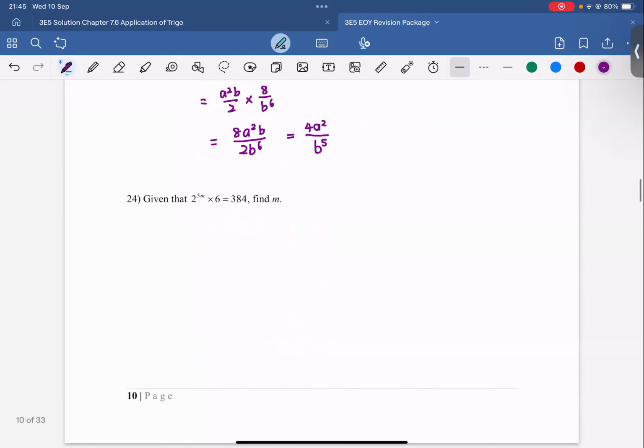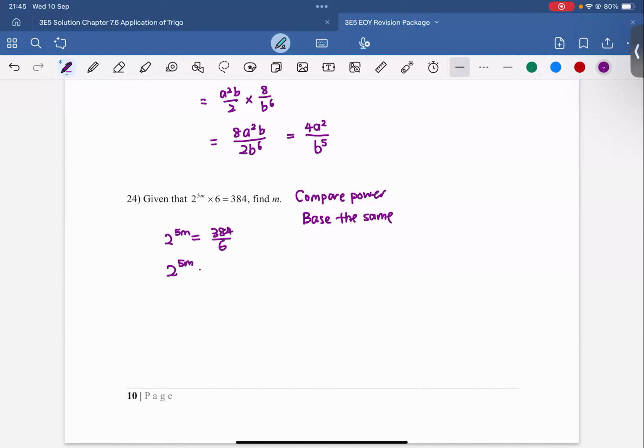Okay, next, this is your indices equation already. We normally only apply one skill, which is compare power. To compare the power, what do we need to do? We need to make the base the same. First thing first, to simplify this, I just divide by 6. 384 over 6. What do we get?